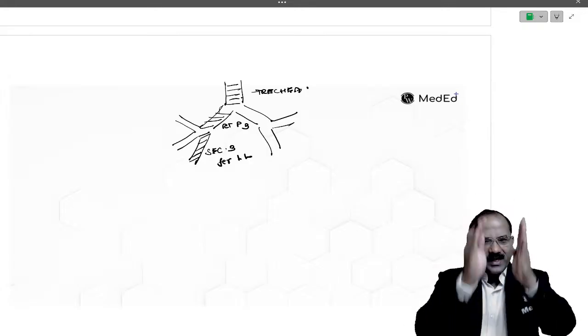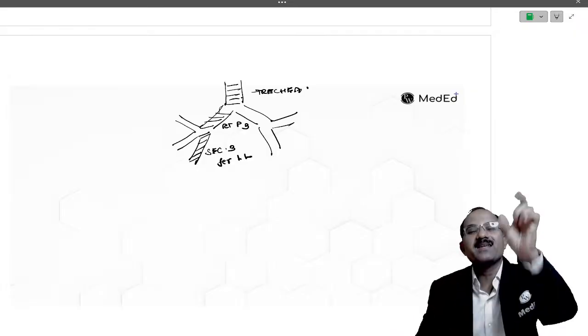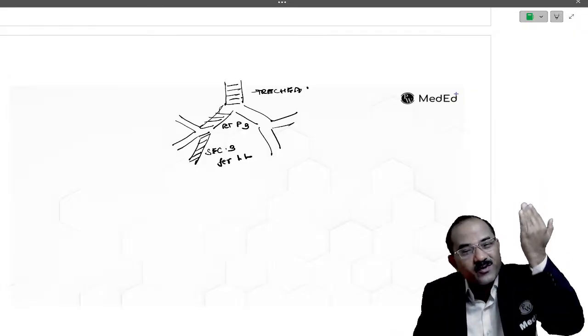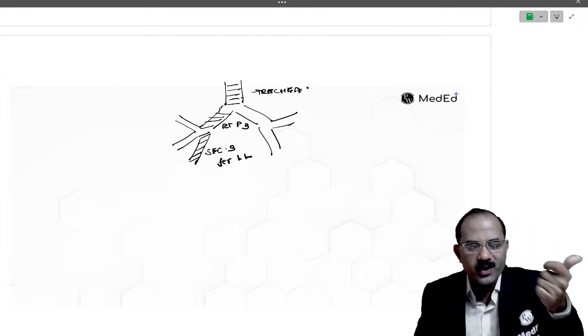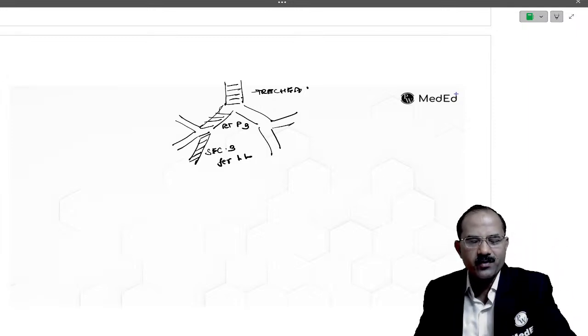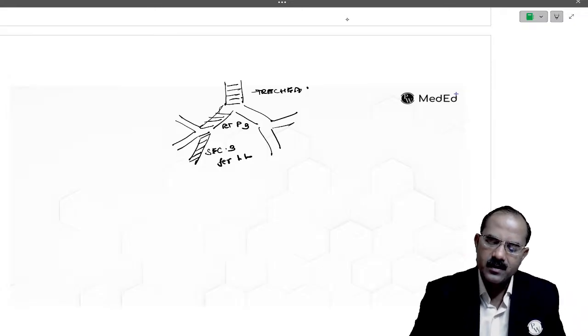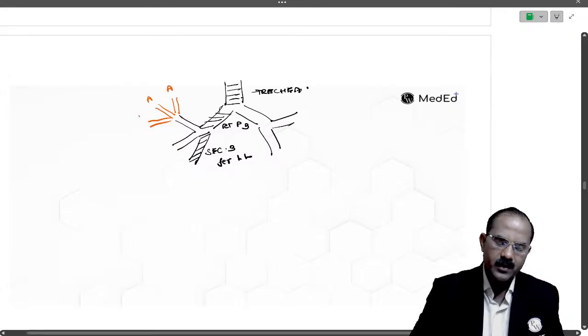Yes. So the trachea continues as what? The trachea continues as the right primary bronchus. The right primary bronchus further continues as the secondary bronchus for the lower lobe. Secondary bronchus for the lower lobe, correct? Now you tell me, this secondary bronchus for the upper lobe gives how many tertiary bronchus? 3. Apical, anterior, posterior.